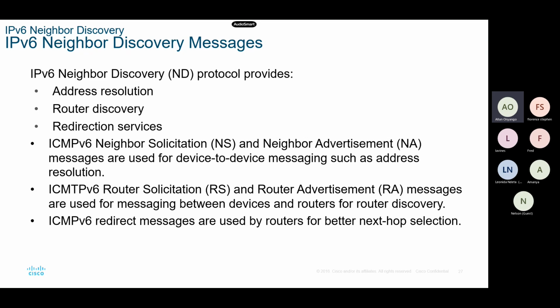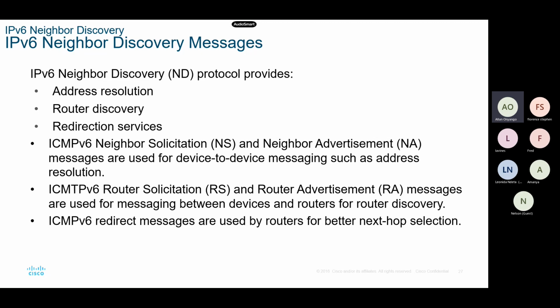From the neighbor solicitation, I don't want you to pick them as very complex terms. Think about the word to solicit. To solicit basically means to seek for or to search for. If I say I'm going to solicit funds to build an orphanage, I'm going to look for funds, I'm going to seek funds from people or philanthropists to use for building an orphanage.